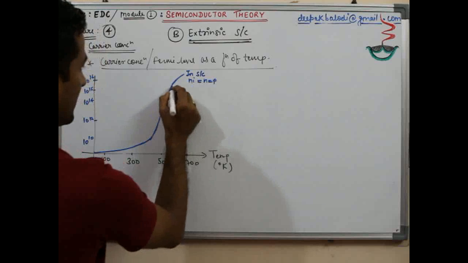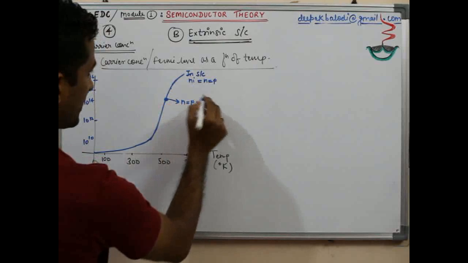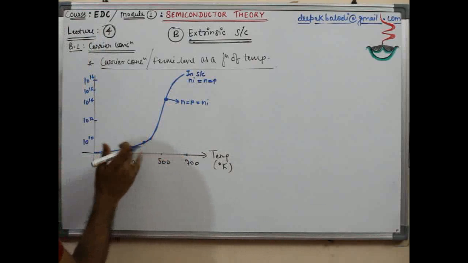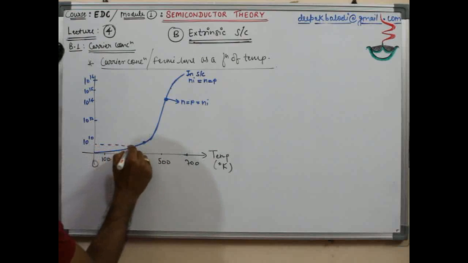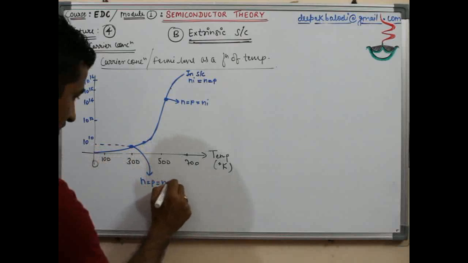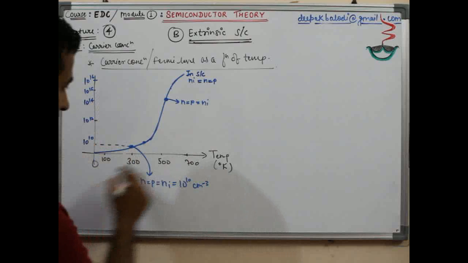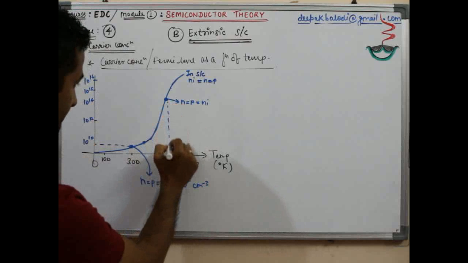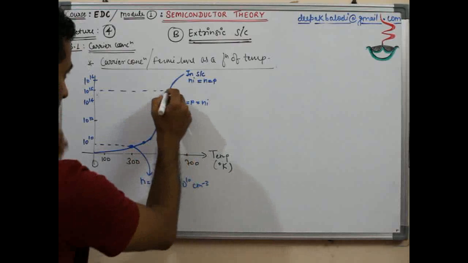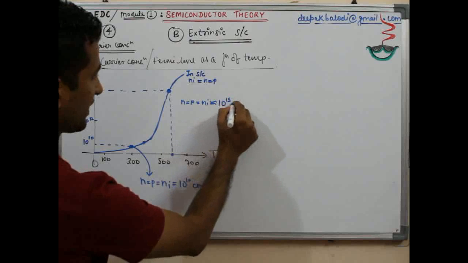N is equal to P. At any point on this curve, we have N equal to P equal to Ni. Just to quote some values, at 300 we had N equal to P equal to Ni, 10 to the power 10 per centimeter cube for silicon. Similarly, at 600, the value was approximately 10 to the power 15, as we calculated.